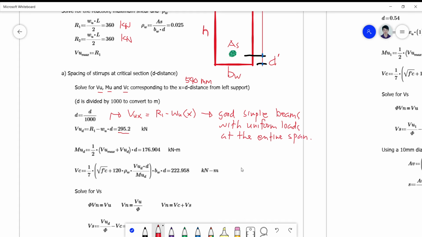For your MU at distance D requirement, the area of the shear diagram will give you the moment at that location.